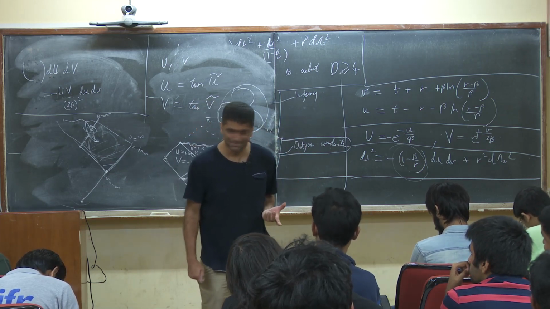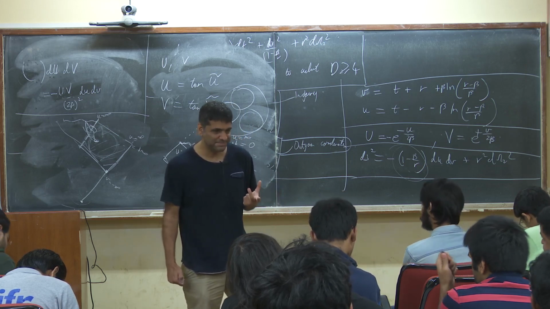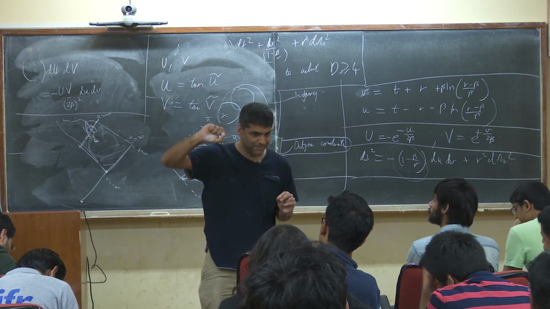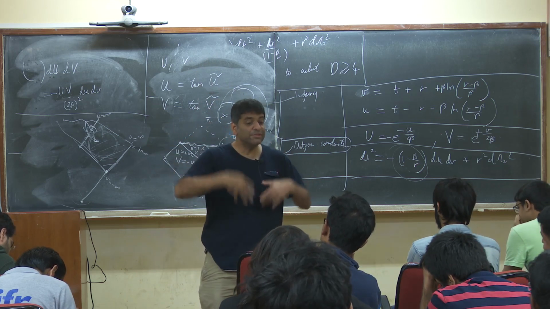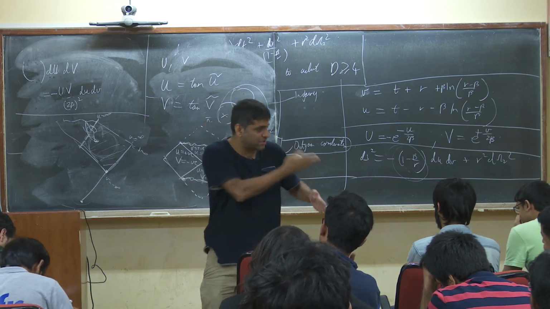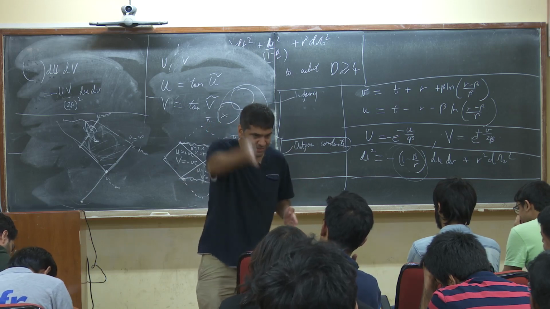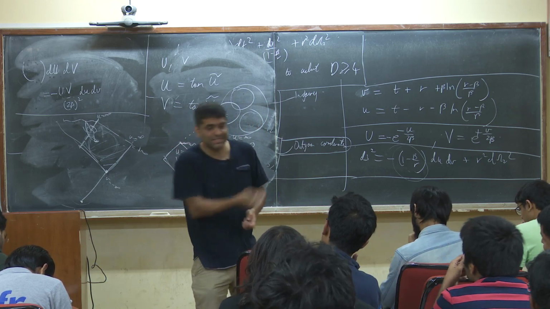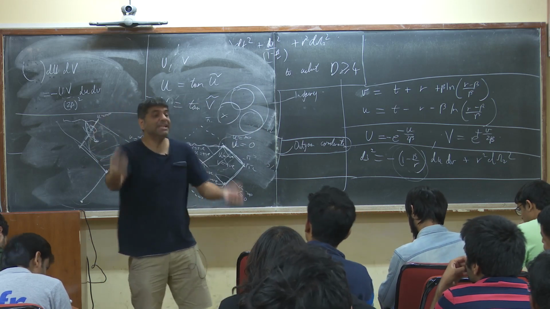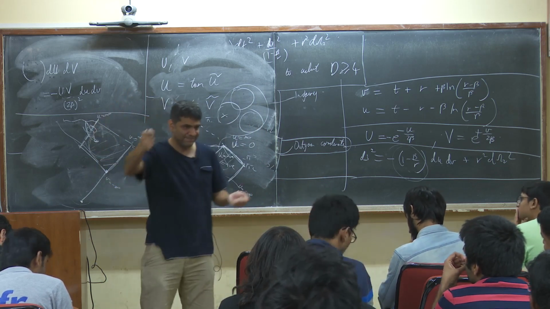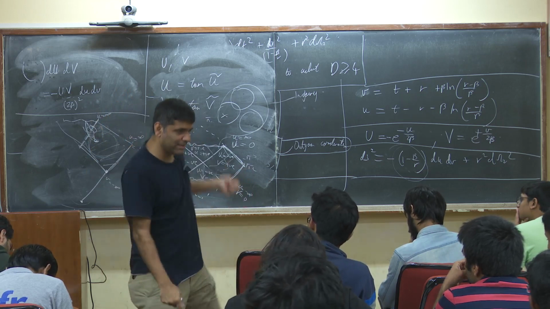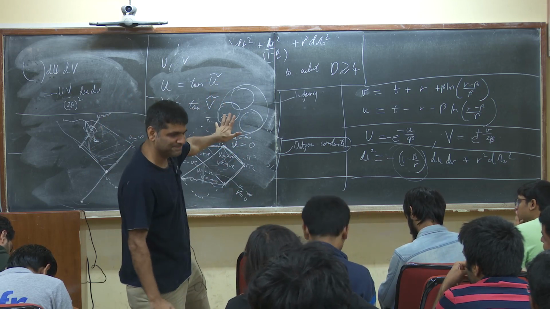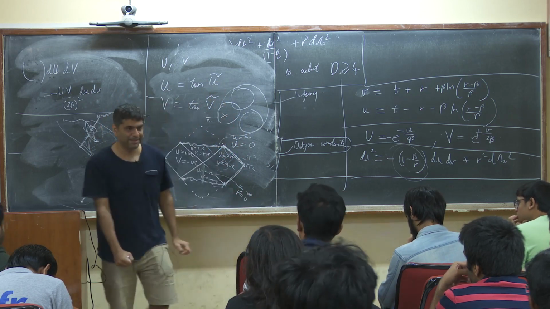You can make a parameter change along that geodesic, and that's fine, but the equation will become more complicated. There's a distinguished parameterization of every null geodesic, just like proper time was the distinguished parameterization of every time-like geodesic. There's a similarly distinguished parameterization of null geodesics, the one we basically worked with, which is called the affine parameter.